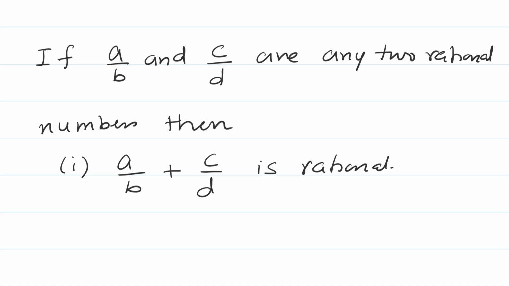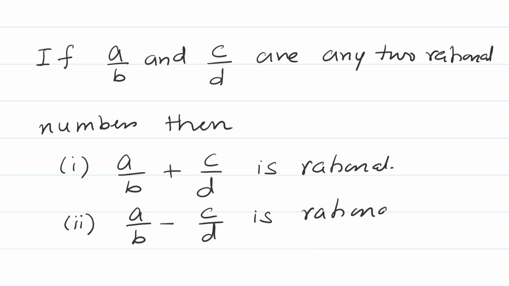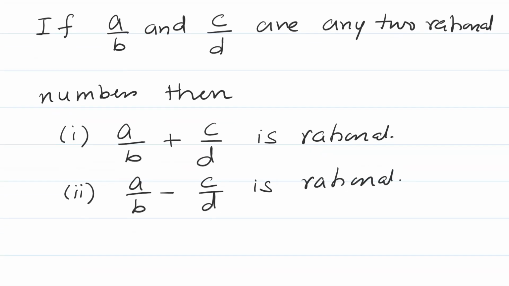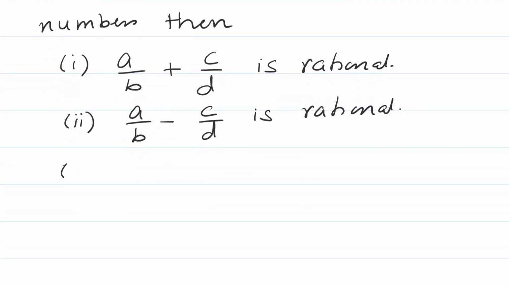So this is the closure property of addition of two rational numbers. Second, A upon B minus C upon D is always rational. So this is the closure property of subtraction of rational numbers. Number 3, A upon B into C upon D is a rational number.